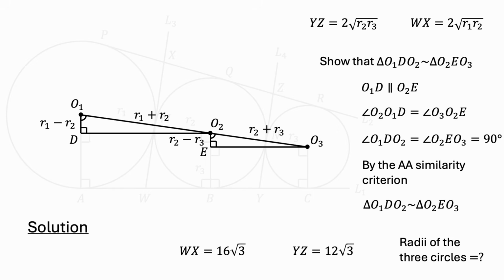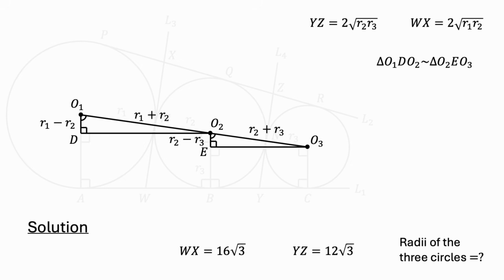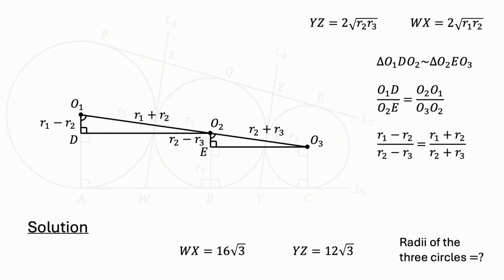Therefore, by the AA similarity criterion, the two triangles are similar. Since corresponding sides in similar triangles are proportional, we have O1D over O2E equals O2O1 over O3O2, or (R1 minus R2) over (R2 minus R3) equals (R1 plus R2) over (R2 plus R3).